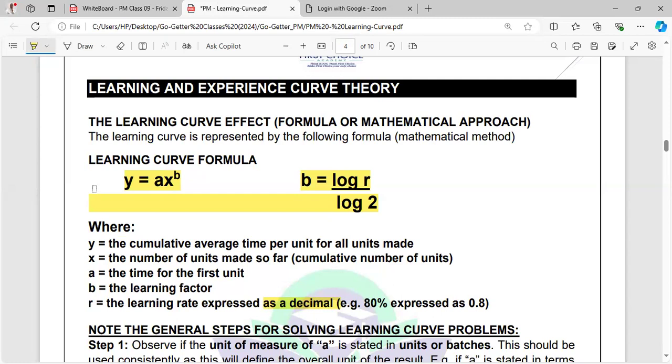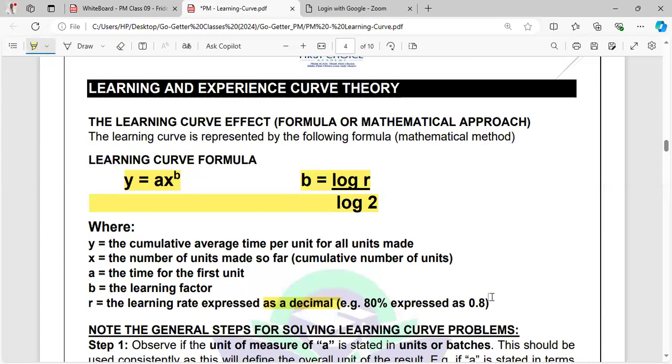Now, we said y is the cumulative average time per unit for all units made. That's talking about production. What it means here is that cumulative starts from the very first production you make. That means X is the number of units you made so far.